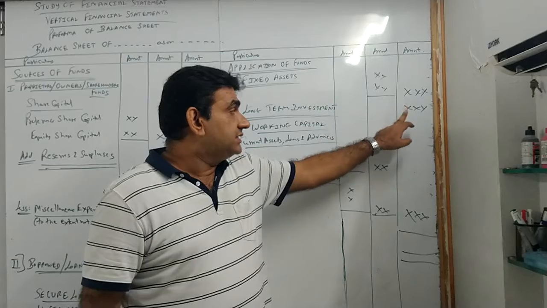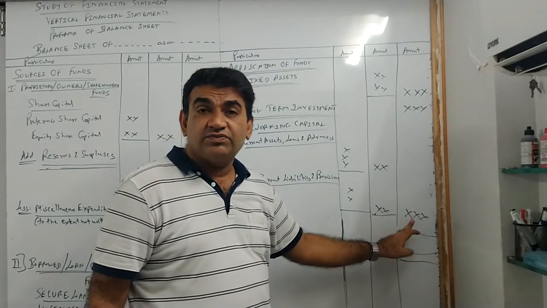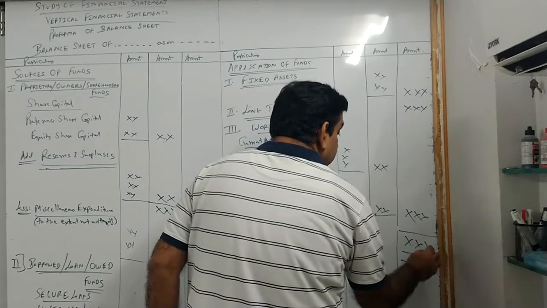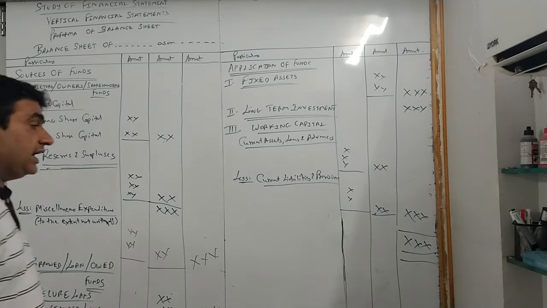So this plus this plus this: fixed assets plus long-term investments plus working capital gives you your balance sheet total. What we wrote here, capital employed, the same thing we have to write.